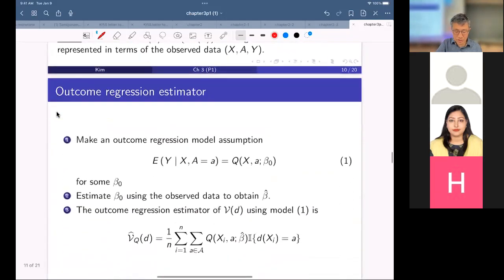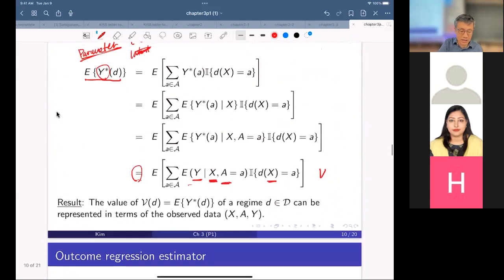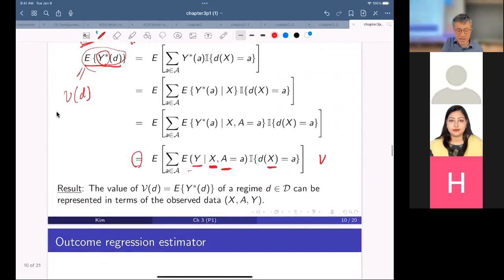So once you establish this, this one is a value. Then we can simply replace the population expectation by the sample expectation.